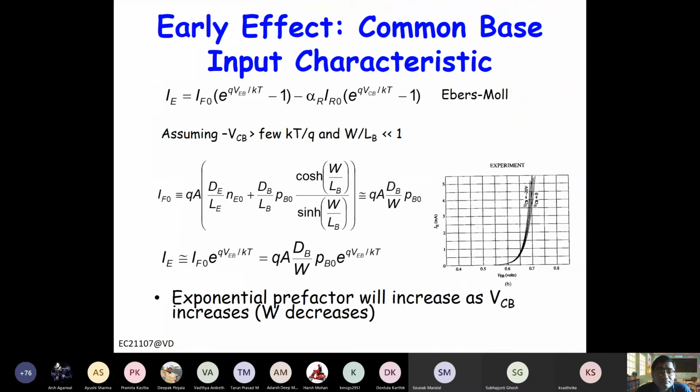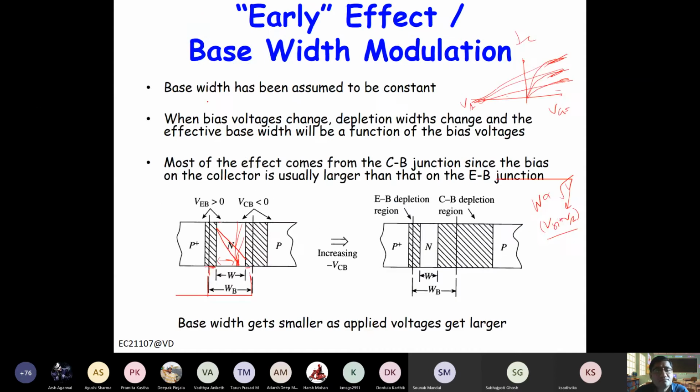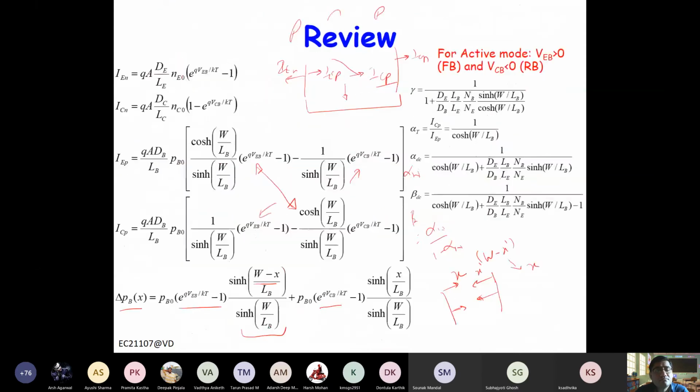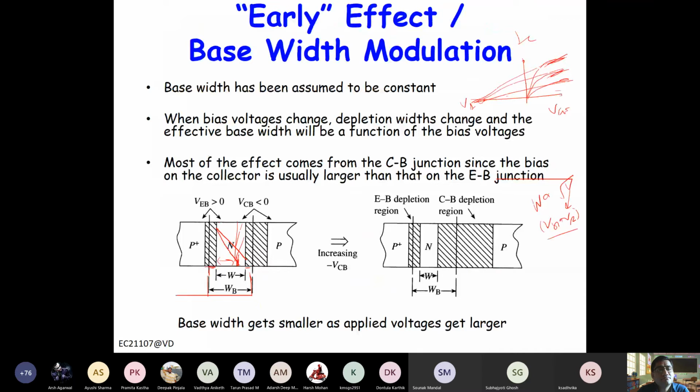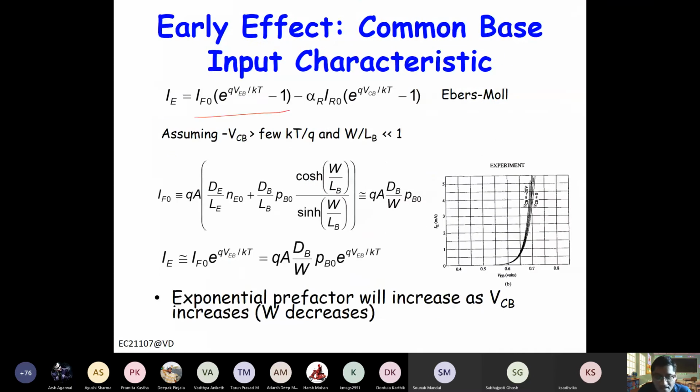So for the common base characteristic, let's write the equation: IE is equal to IF naught minus IR naught, or the notation we used, IES minus alpha R ICS.